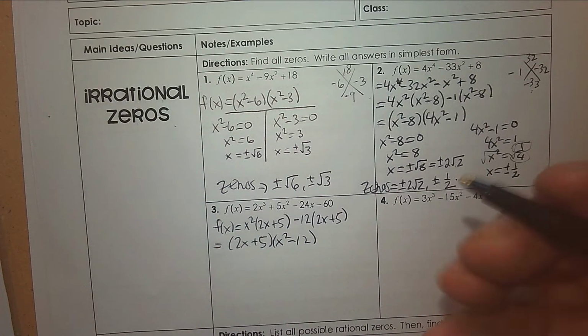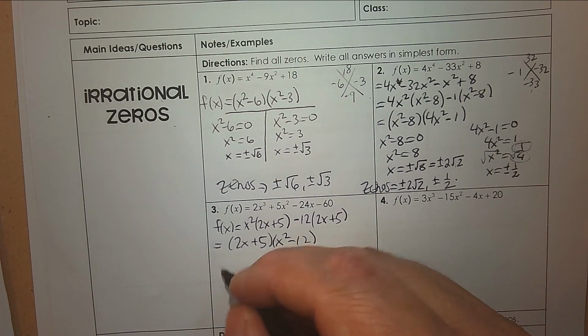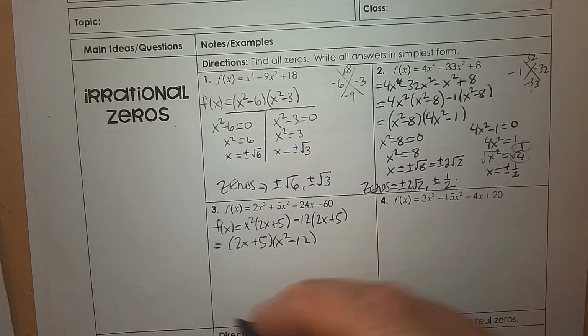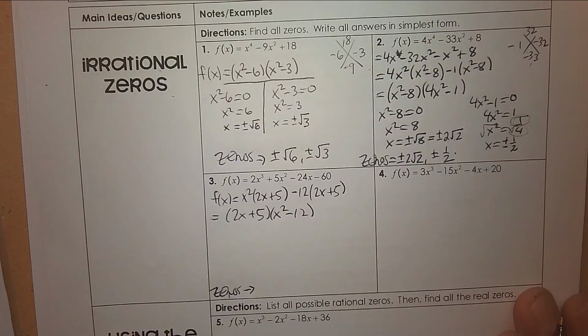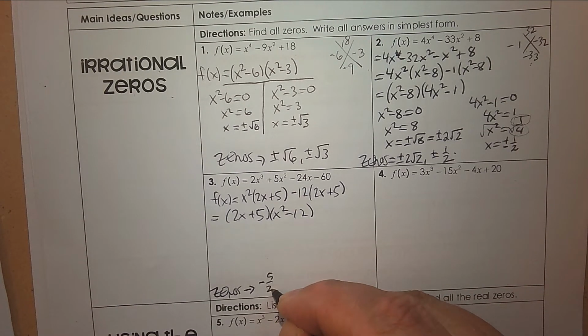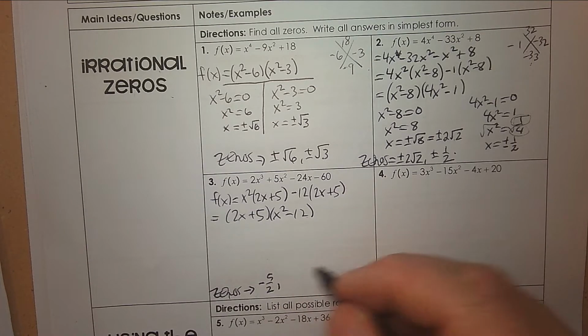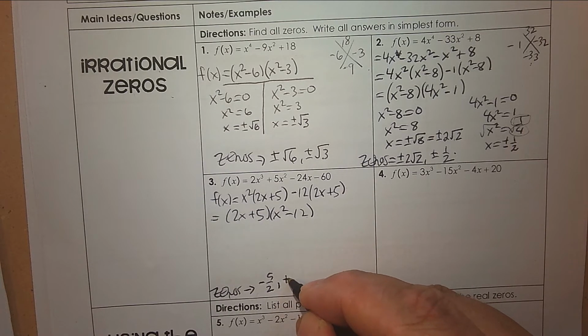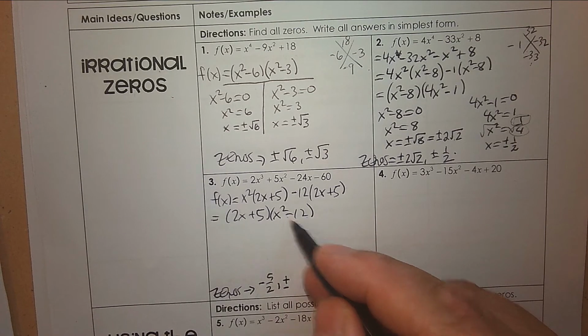So even at this point, you can understand the zeros. For the first one, I'm going to subtract 5 and divide by 2. Here, I'm going to add 12 and do the square root. I know that it's positive and negative.